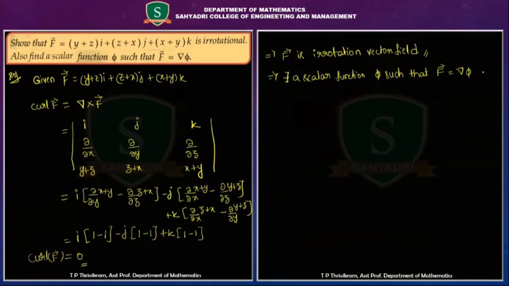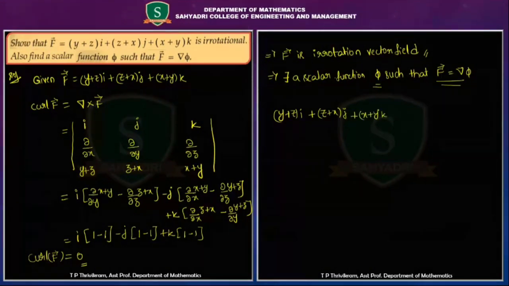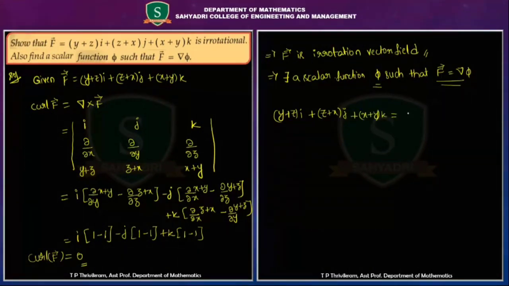If you want to find phi, what we need to do is expand this equation. So f value is how much? (y plus z) i plus (z plus x) j plus (x plus y) k is equal to expanded del phi: dou phi by dou x i plus dou phi by dou y j plus dou phi by dou z k.